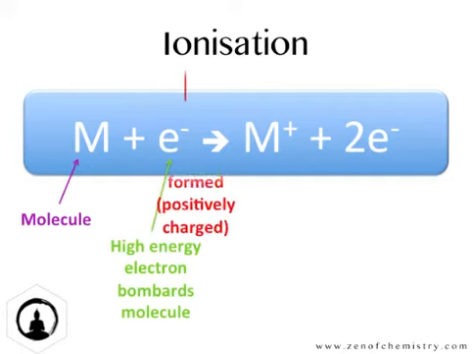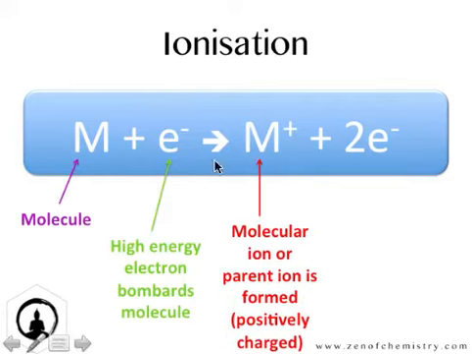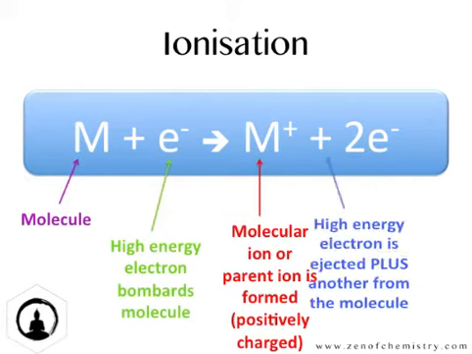So we are left with a molecular ion, or a parent molecular ion. So it's essentially our molecule minus one electron, and so that's going to be positively charged. And then what we've got is our two electrons: the incident electron plus the electron that's been ripped off this molecule here.